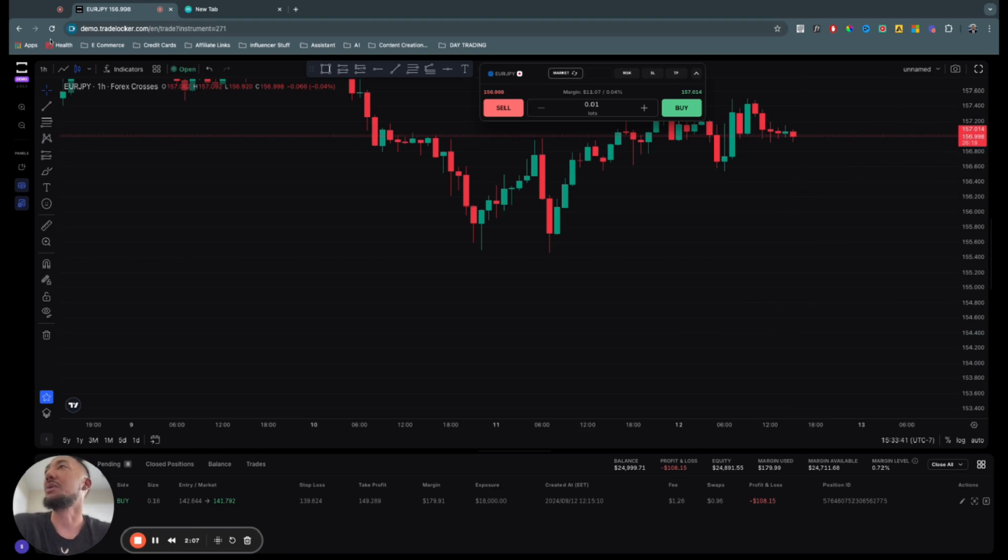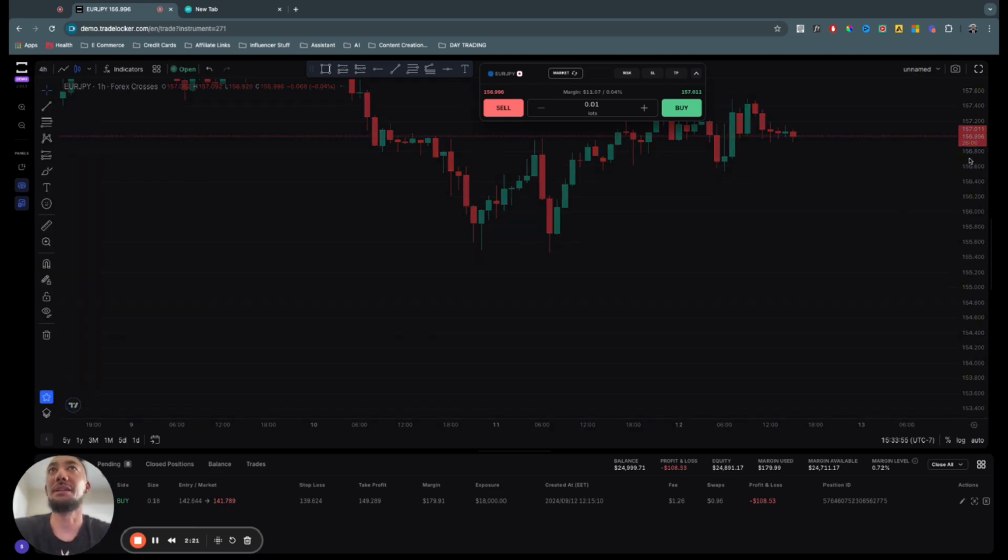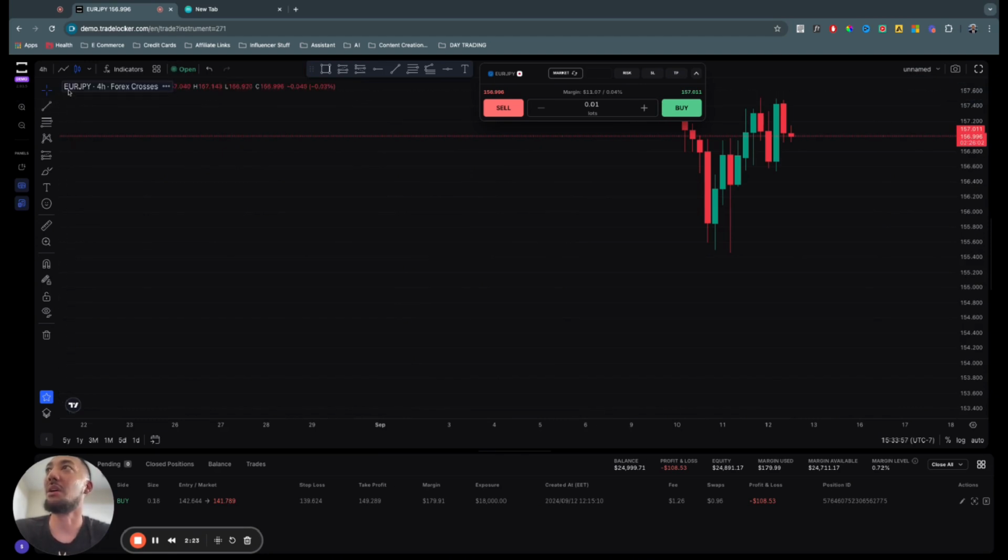And so I want you guys to know that candlesticks is basically what you're going to be looking at in the day trading life, right? So yeah, let's go over to the 4 hour and you're going to see a different pattern, but it's still on the same chart, right? We're still on the same currency asset, which is Euro JPY, the Euro dollar against the Japanese yen.